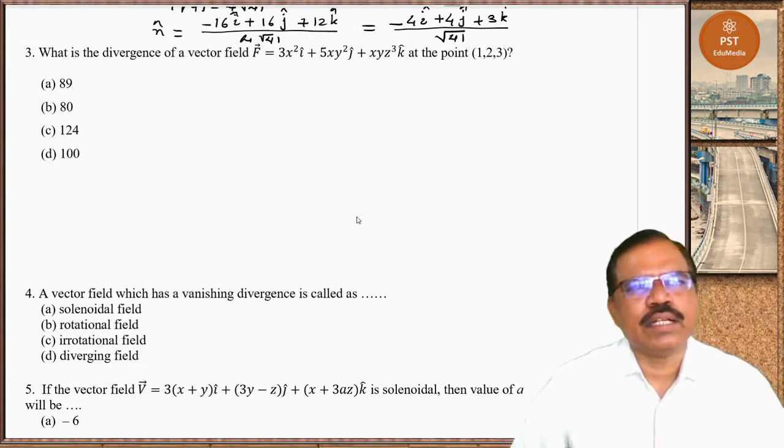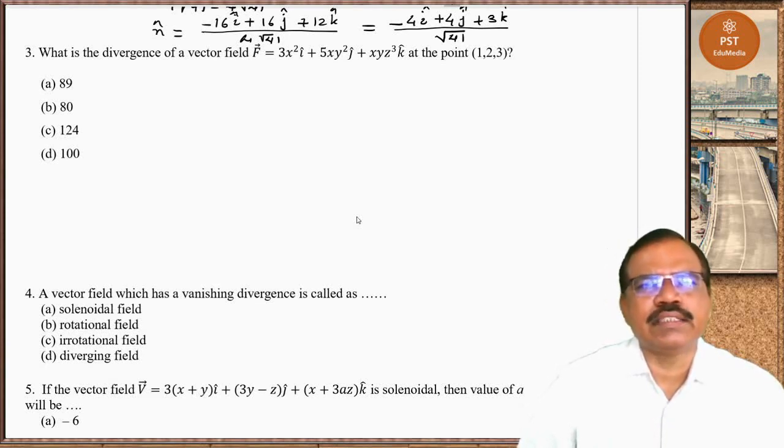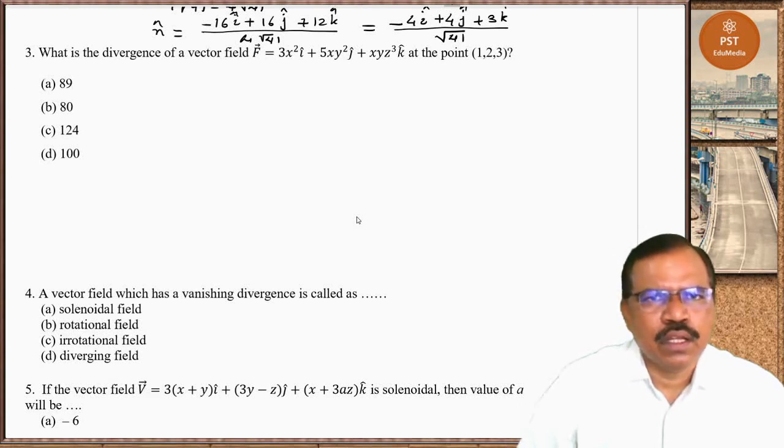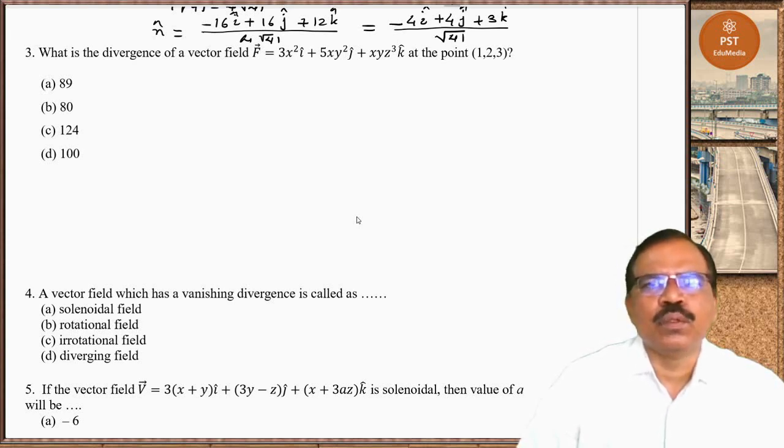Now next one, what is the divergence of the vector field F is equal to 3x square i plus 5xy square j plus xyz cube k at point 1, 2, 3?